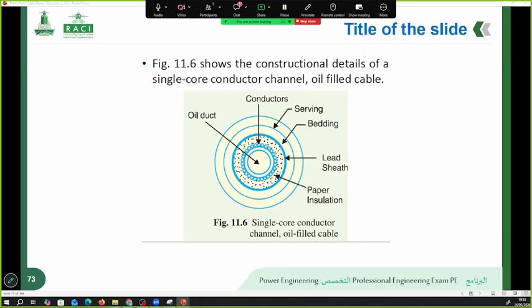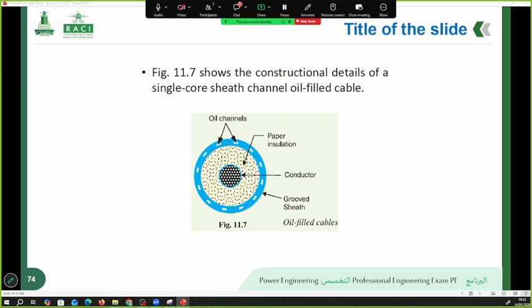The outer layers of the cable include bedding and serving. This construction allows pressurized oil to circulate through the central duct, which compresses the insulation and fills any voids that may form. This is crucial for preventing insulation breakdown at high voltage.